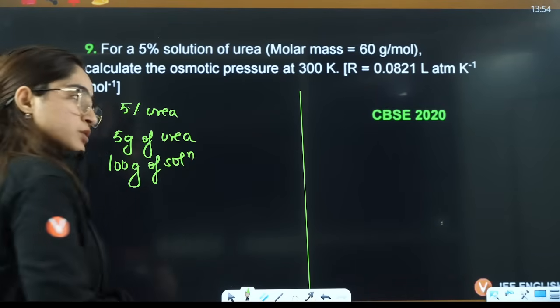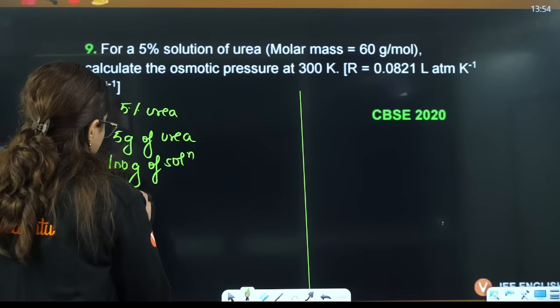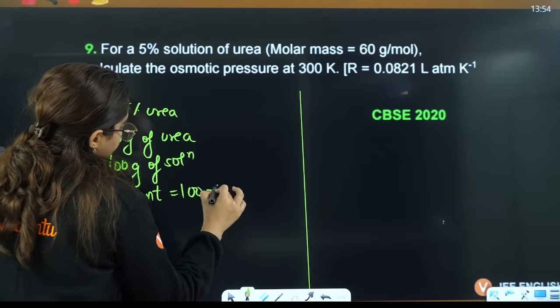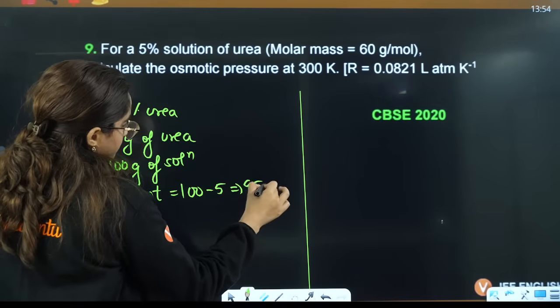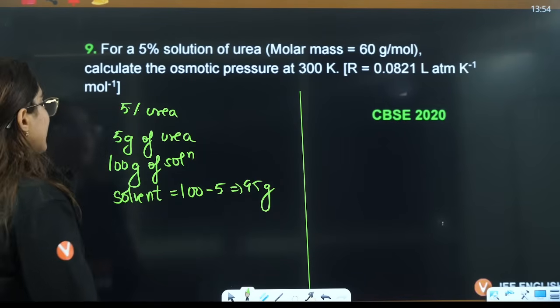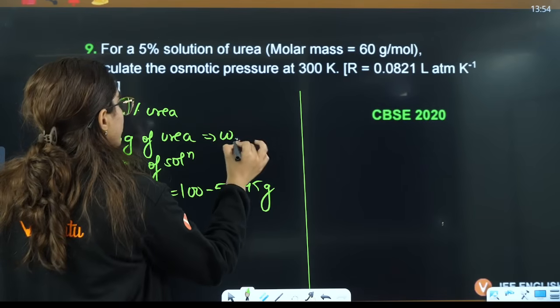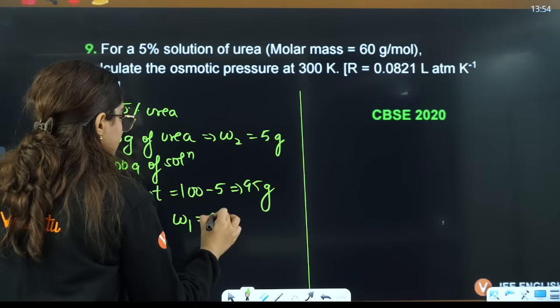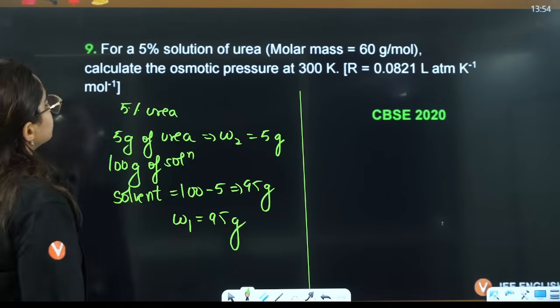Okay, so the solvent is nothing but solution minus solute, that is 95 grams, right? So I can say W2, the weight of solute, is 5 grams and W1 is 95 grams.